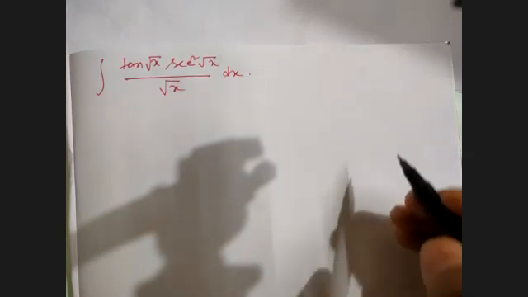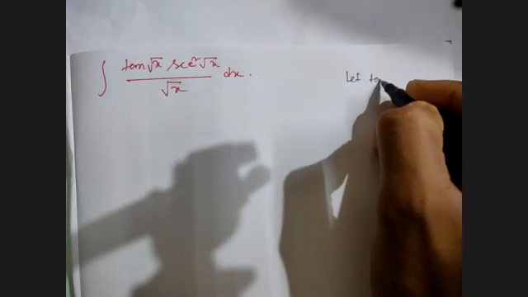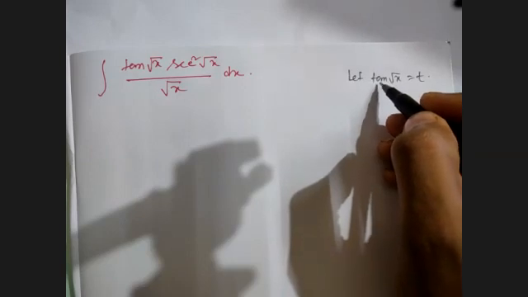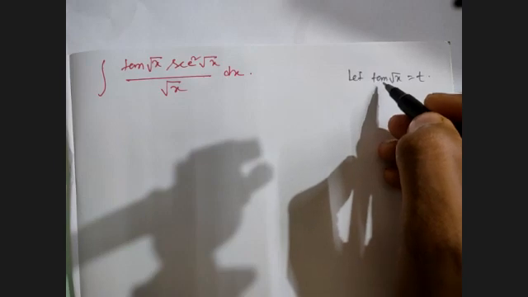No. Here you have to let tan root x equal to t. Why tan root x? Because if you differentiate tan x, what will you get? Sec square x dx. d/dx of tan x is sec square x.